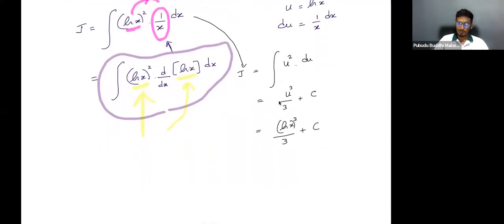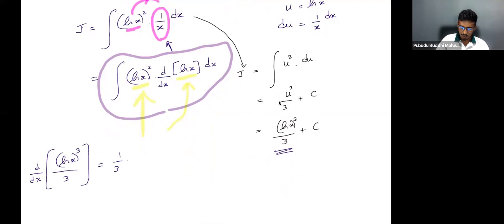If you want to, let's try to differentiate this answer. Don't worry about C because the derivative of C is 0. So I'm going to differentiate natural log of x to the power of 3 over 3. You can take 1 over 3 out.